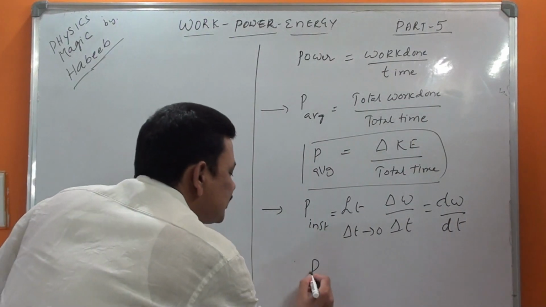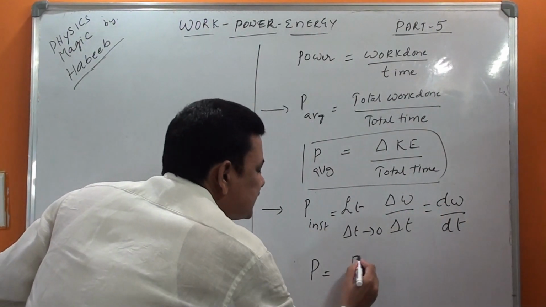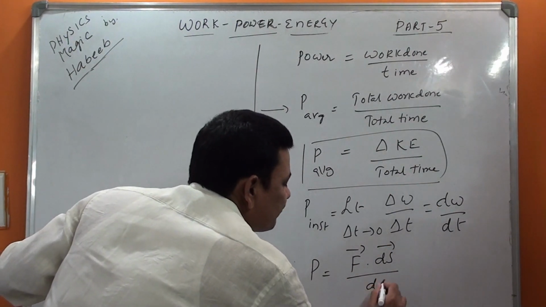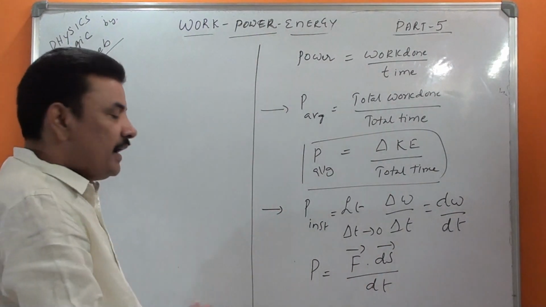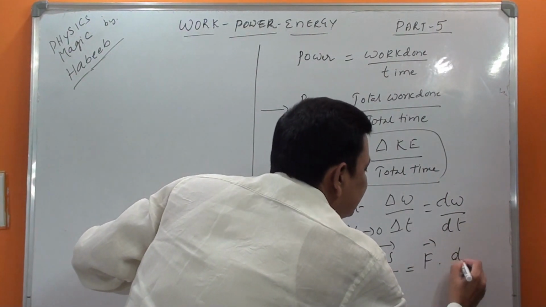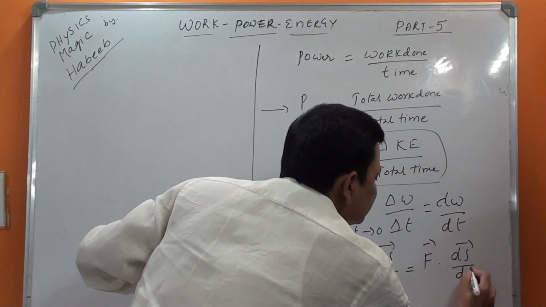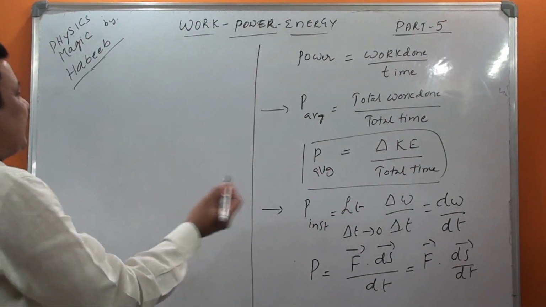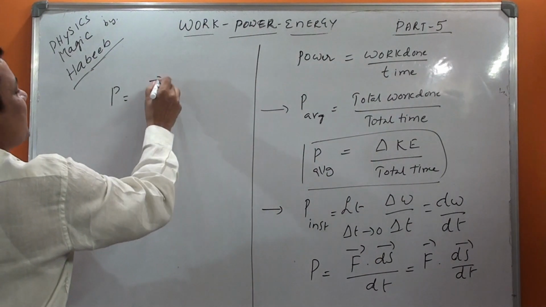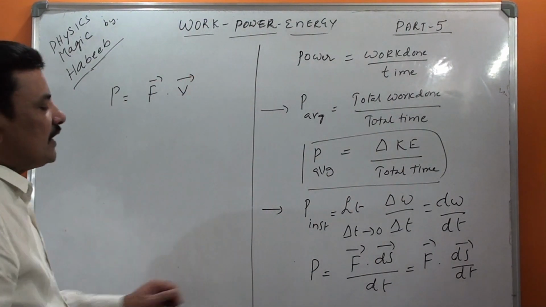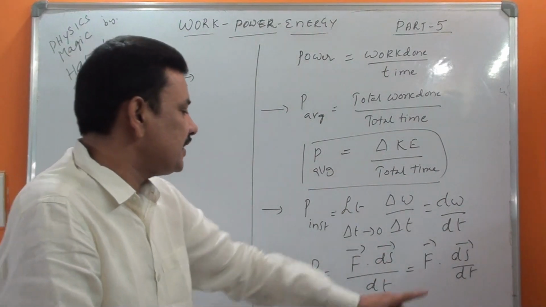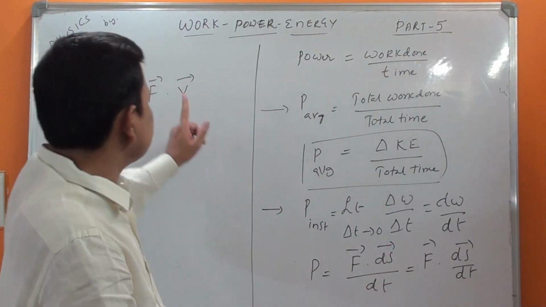Then you also know that dw is nothing but f bar dot ds bar, divided by dt. And f bar dot ds bar by dt, that is nothing but power is equal to f bar dot v bar. You got velocity because rate of displacement is called velocity. So ds by dt is nothing but v.